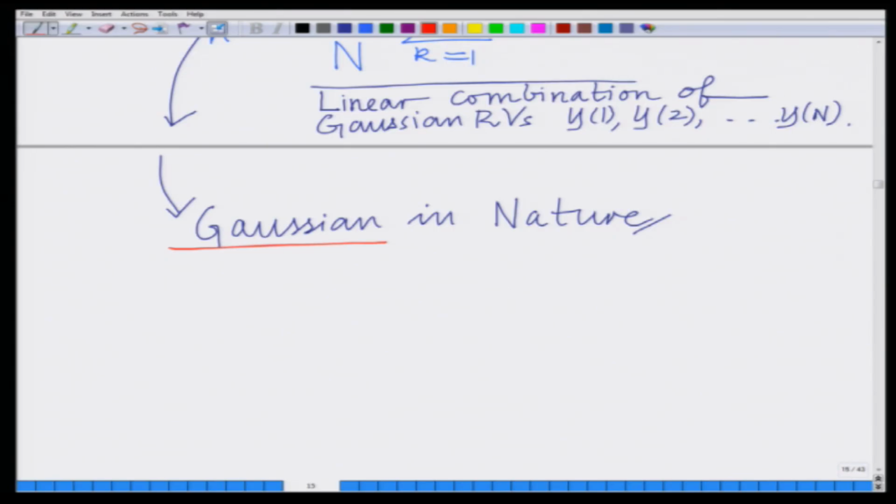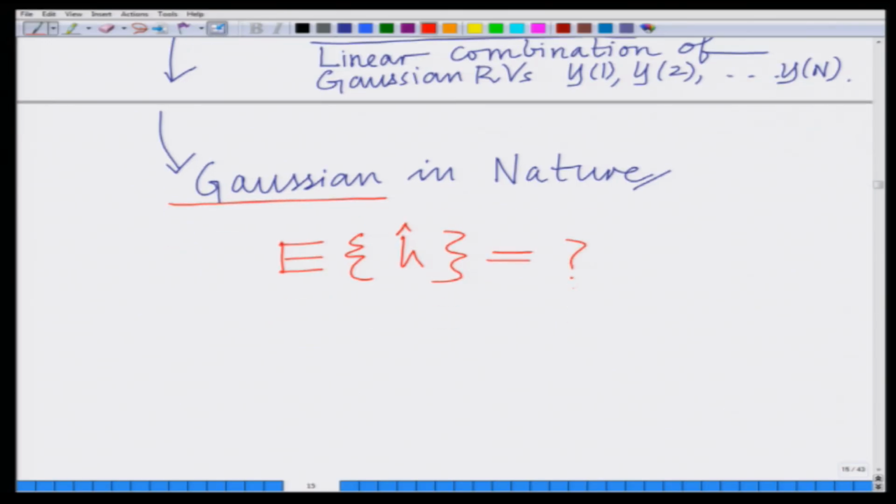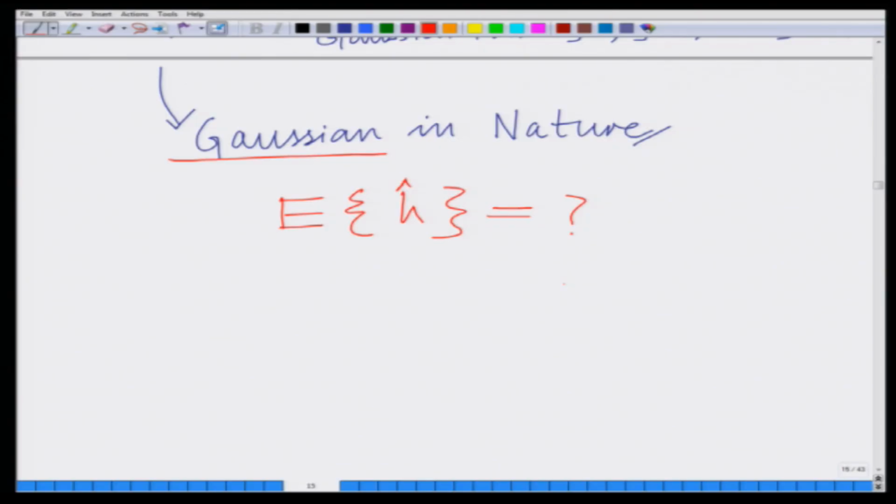Now, what is the mean or the expected value of h hat? Now, recall for this, each yk is h plus Vk.